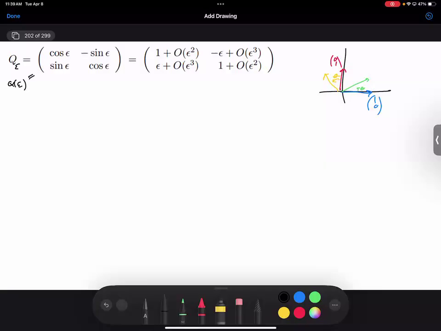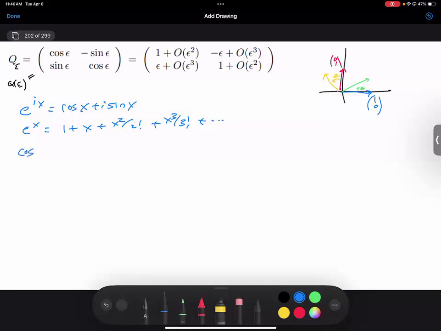And now what I'm doing is looking at what happens if I rotate by a very small number. So we're Taylor series expanding. Everything comes down to e to the ix is cosine x plus i sine x, and e to the x is 1 plus x plus x squared over 2 factorial plus x cubed over 3 factorial plus dot, dot, dot. And this gives us our Taylor series.